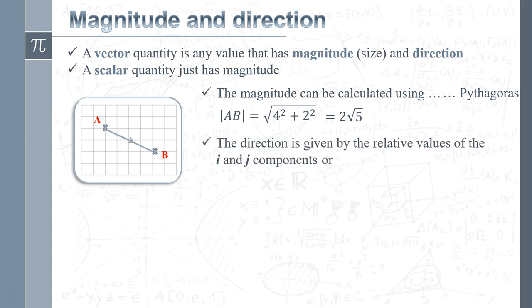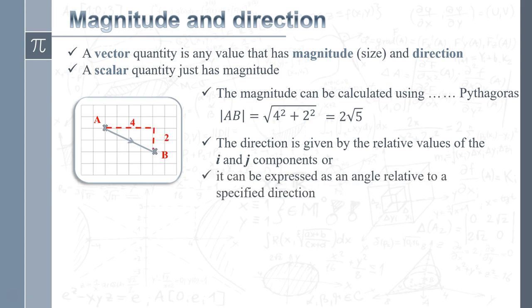Now, we've got the direction that is given by the i and j components, or we can describe it as an angle relative to a particular direction. So looking at this here, we've got our triangle that's 4, 2, that's what we use for Pythagoras. And so we could start calculating this angle in here, and that would be our direction relative to the i direction. So we're saying, okay, what direction is it going in compared to the horizontal direction. So again, a simple quick bit of trig will give us that angle there.